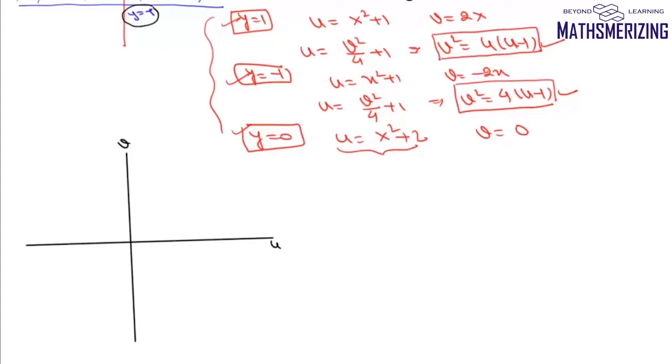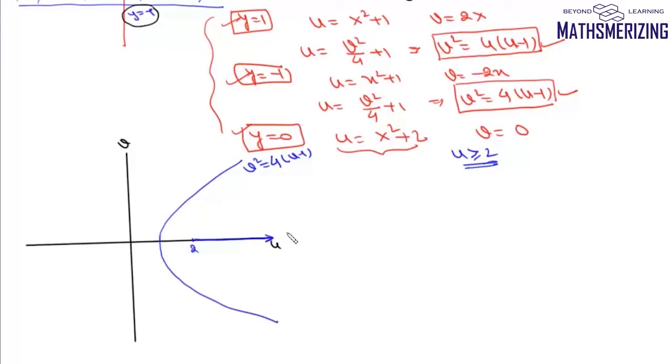So we can draw this parabola as v square equals 4 into u minus 1. Now the second one is again the same parabola. And this third one is u equals x square plus 2. So in this case, u will be greater than or equal to 2 and v is 0. So I'll represent this ray starting from 2 and going towards infinity. So this is the sketch of the boundary values.